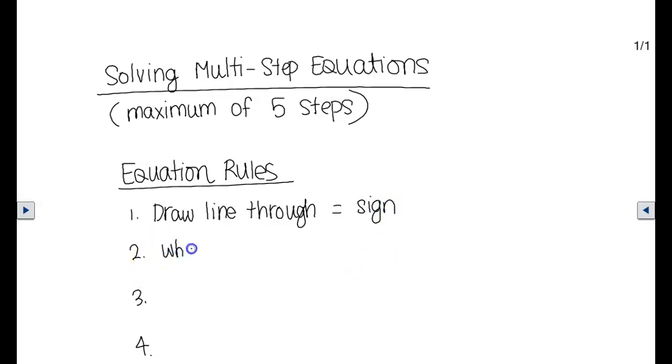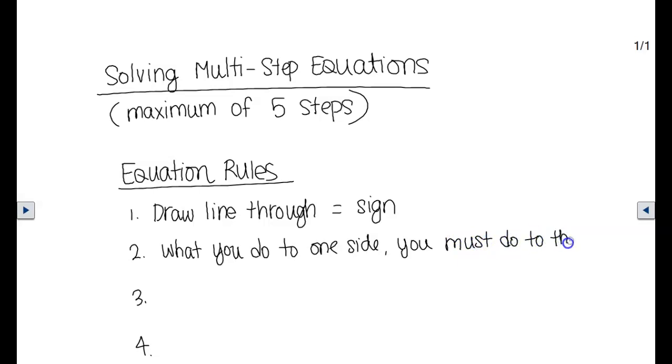Rule 2, what you do to one side of that equation, you must do to the other. Your third rule tells you that to undo something, you undo something by doing the opposite.